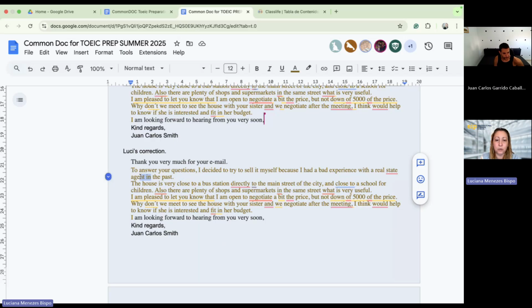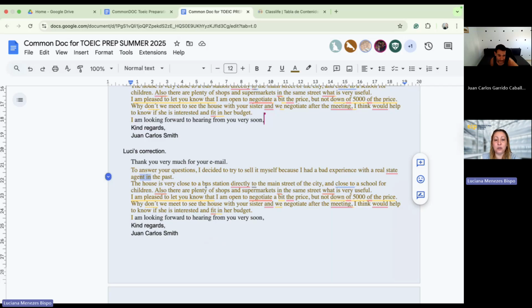Perfect. The house is very close to a bus station. Okay. Directly, not direct to the main street. No, neither. The bus station, who takes you directly to the main street? Who or what? The bus, not the bus station.